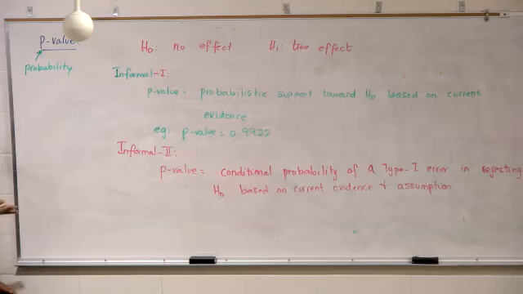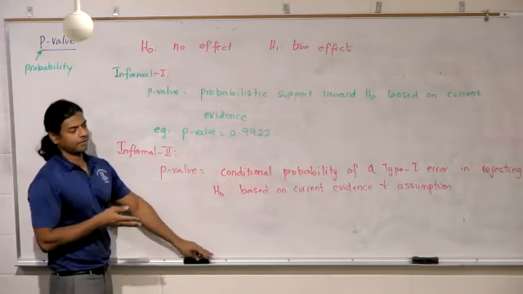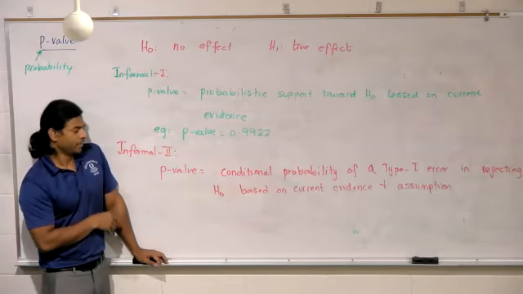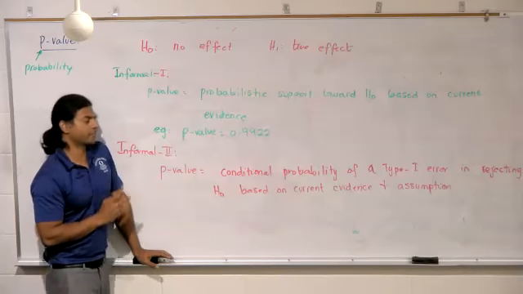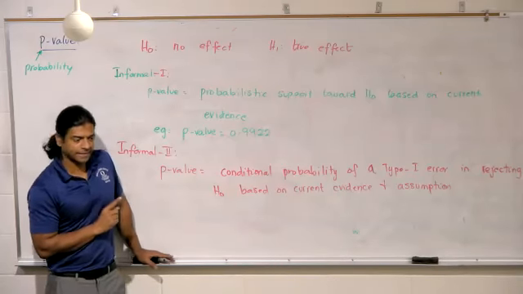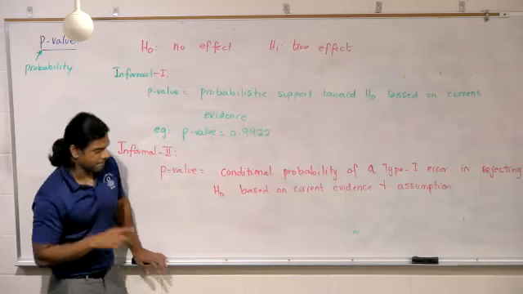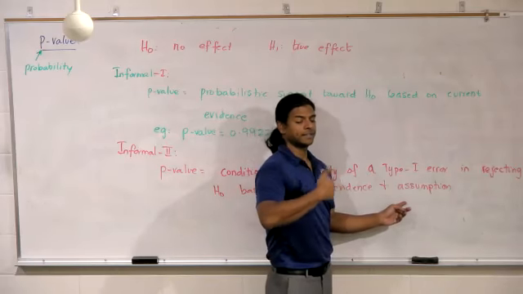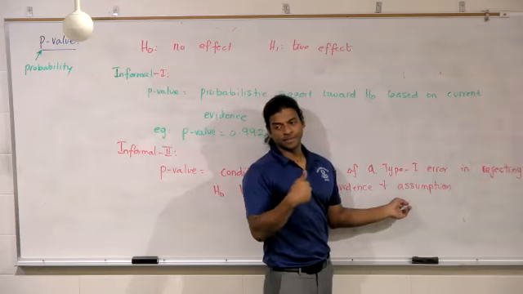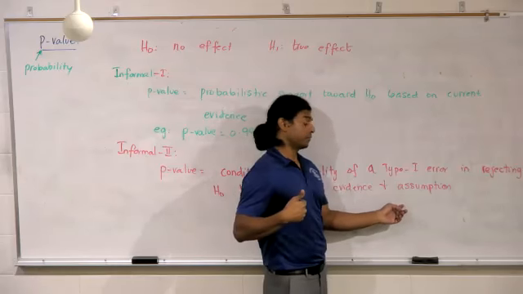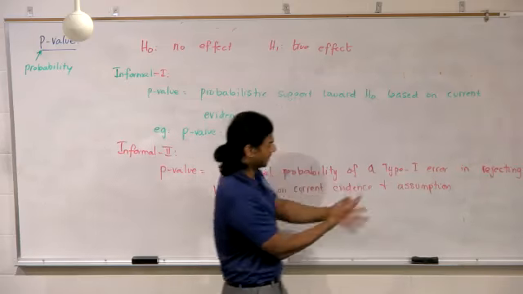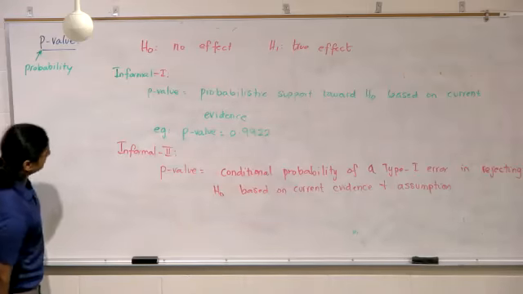In other words, it is the conditional probability of a false positive in rejecting the null. Why do we call it a conditional probability? Because this probability is conditioned on the fact that the null is true, because that is our initial assumption, and we want to know how far the data takes us away from the null so that we can reject the null.